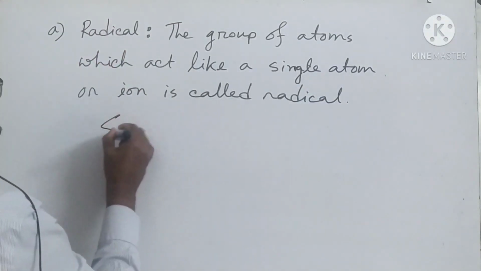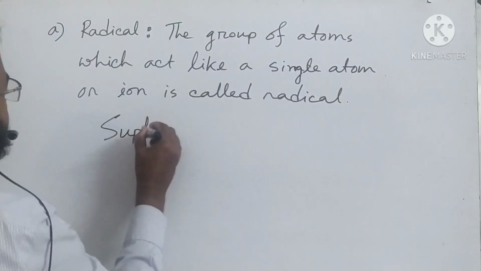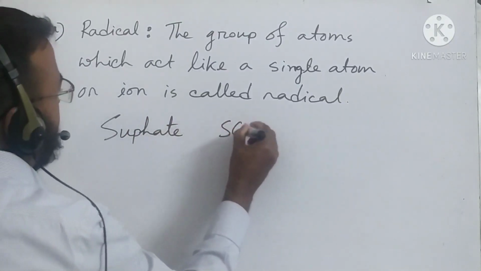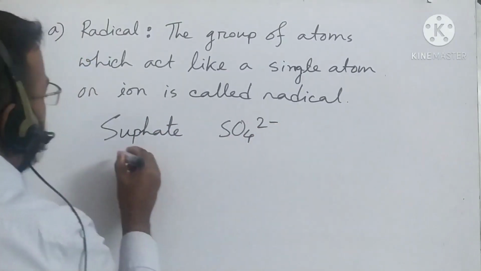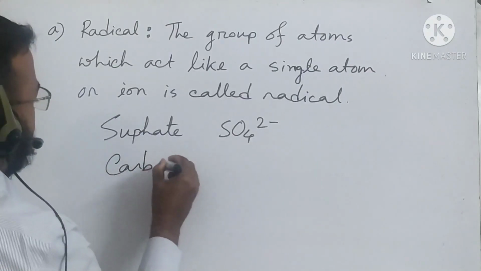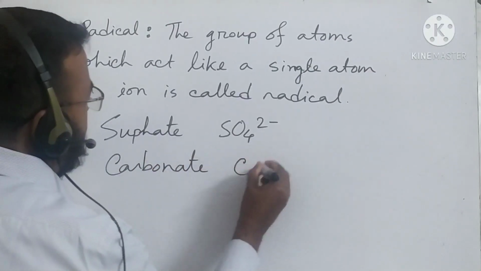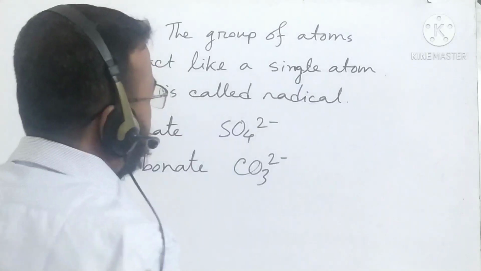Example, this is sulfate, SO4 2 minus, then carbonate, CO3 2 minus, like this.